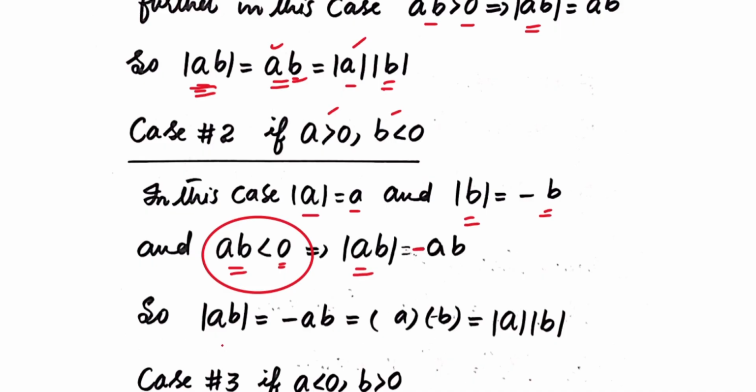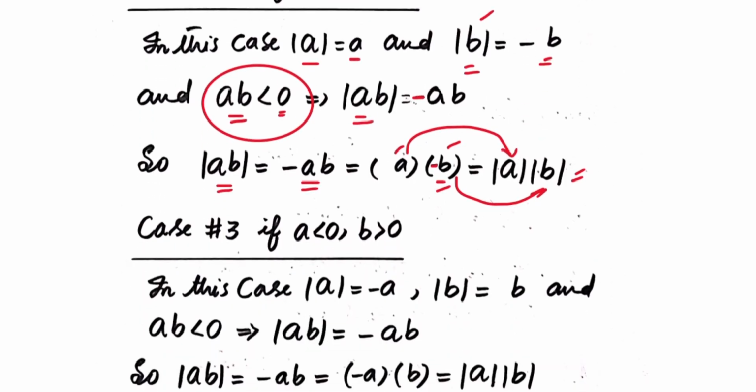So we can write absolute value of AB, which is equal to minus AB, as A into minus B. As minus B is the value of B absolute here, I can replace minus B with B absolute, and A with A absolute. Again, we have the same result.